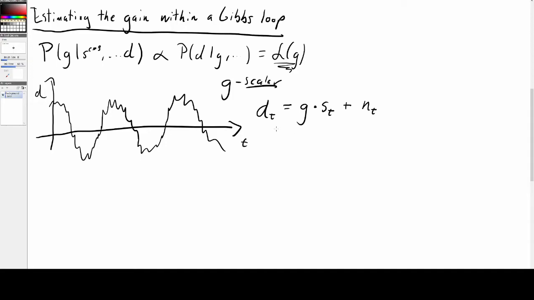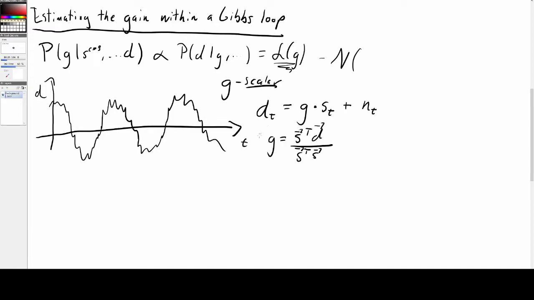This is a least squares situation. I'm not going to go into the theory here, but if you have taken some Bayesian statistics, the likelihood function of this is a normal, given by the mode, or the best fit solution to this equation, which is given by S times D, if we consider S and D to be vectors, divided by S squared.